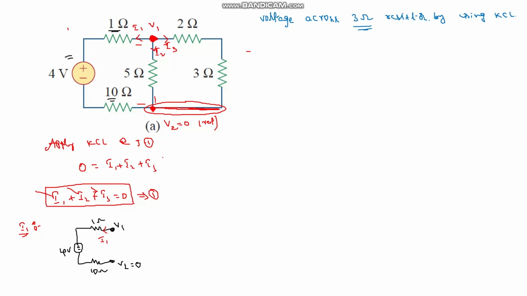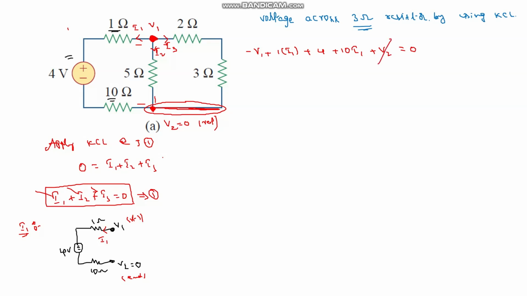minus V1, since it is the starting point for the current path and this is the end point, I am assuming the starting point as negative and the end point as positive. Okay, minus V1 plus 1 into I1 plus 4 volts plus 10 into I1 plus V2 is equal to 0 according to KVL.